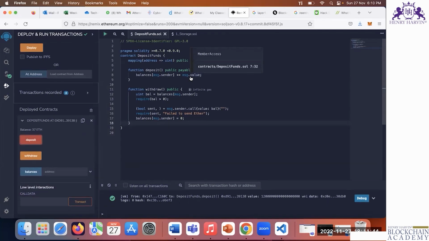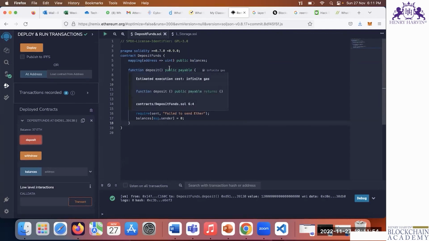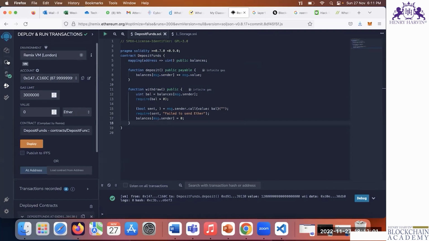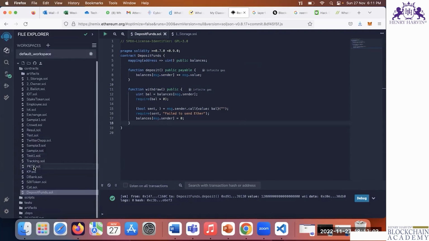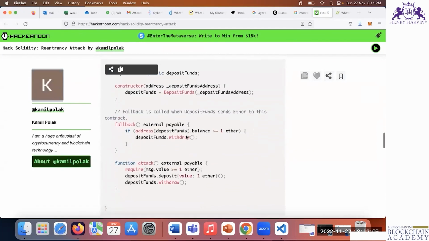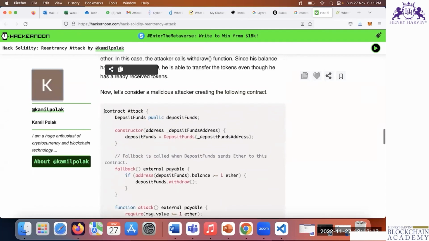Till now there is nothing malicious. Now what I am going to do is, anybody can call this deposit function, right? Because it is public, anybody can call it. Not only a person, any smart contract can also call this function. So I am going to write a new smart contract. It is also given over here, with the callback function.